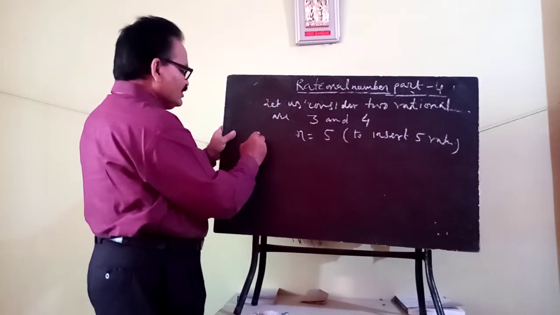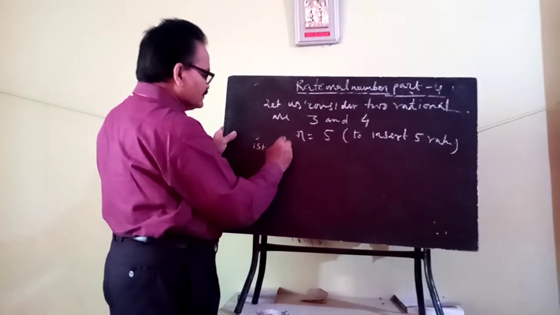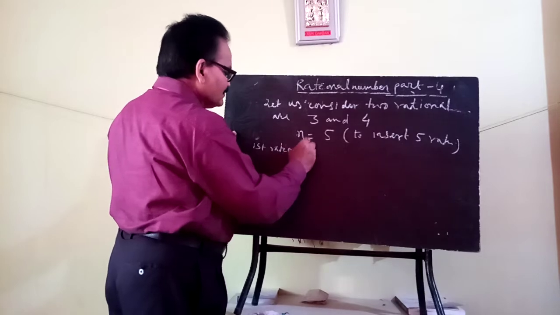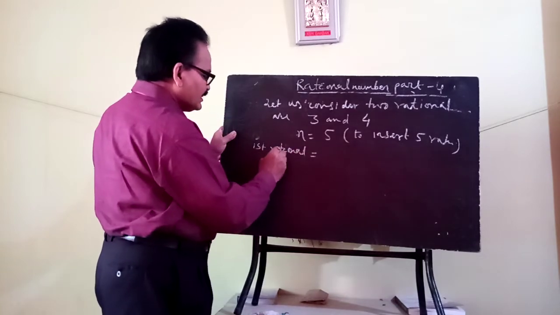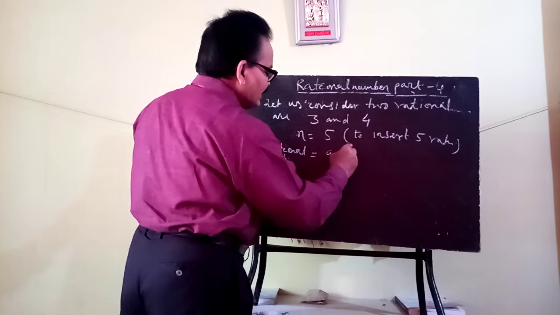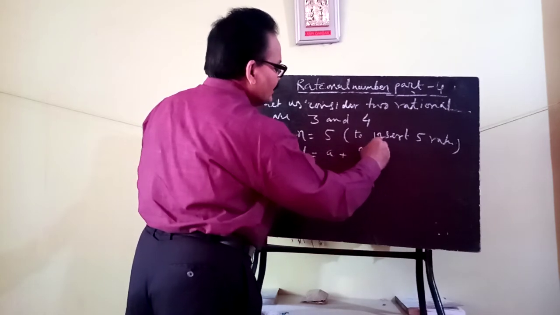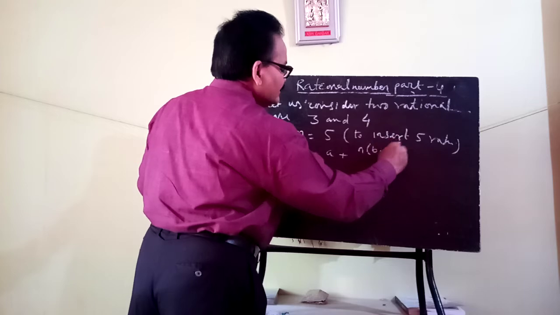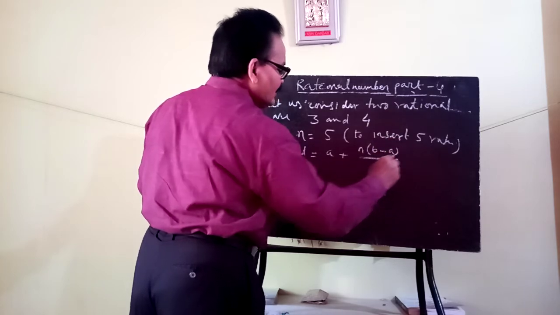Okay, so your first rational inserted is A plus n into (B minus A) by (n plus 1). This is your formula.